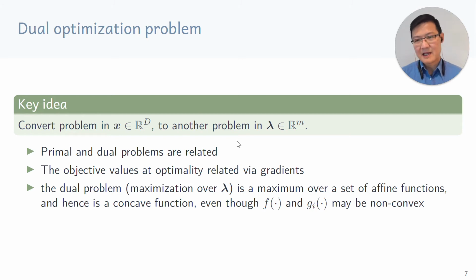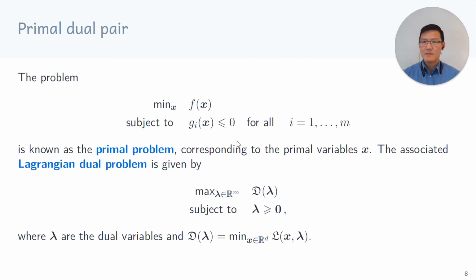It turns out that the dual optimization problem is actually a very nice problem to solve, even though the function f, the objective function f, and the constraints g might be non-convex, the dual optimization problem is still convex. Okay, so you've seen the primal optimization before, where we minimize the function f subject to constraints gi.